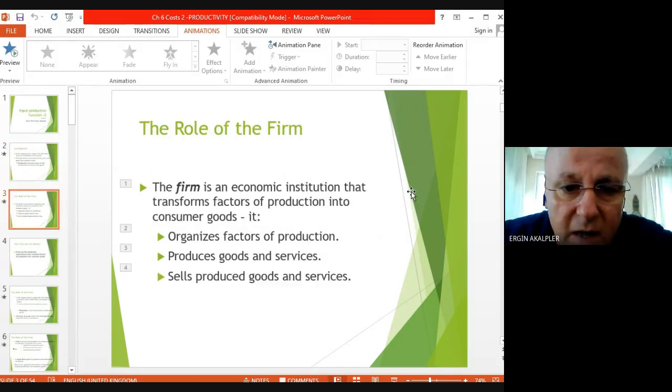The firm is in a process where we are concentrating to accelerate and increase productivity in the factors of production and into the consumer good, where we are able to sell and buy in the markets. Of course, the firm organizes factors of production.